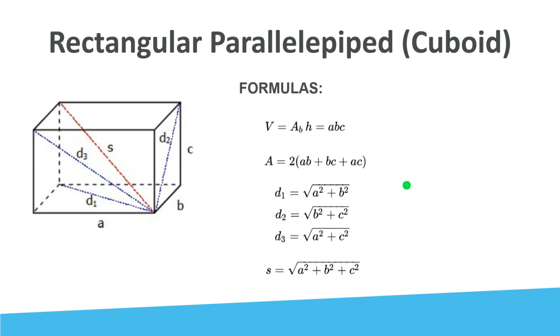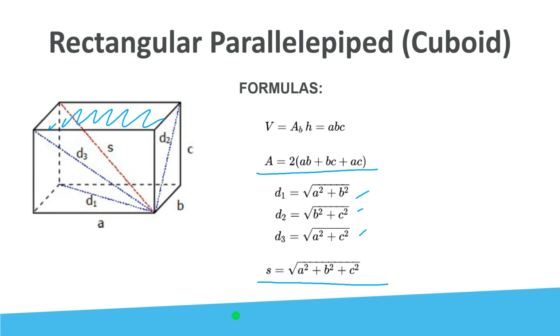For the volume, we have this formula: A times B times C, or length times width times height. For the total surface area, just compute the area of all the lateral faces and the other two opposite faces. And we have the diagonals. You can compute those using this formula or just use again the principles of the Pythagorean theorem.